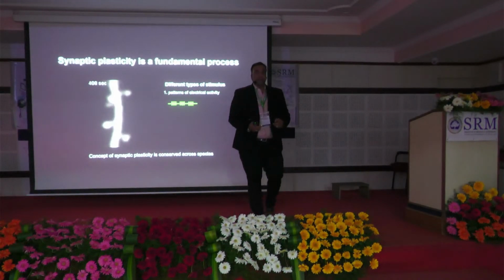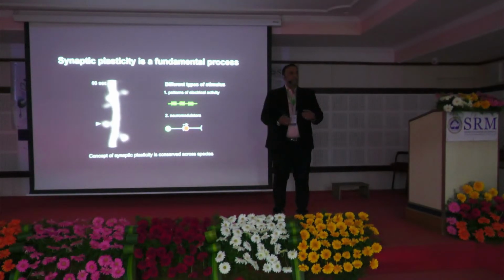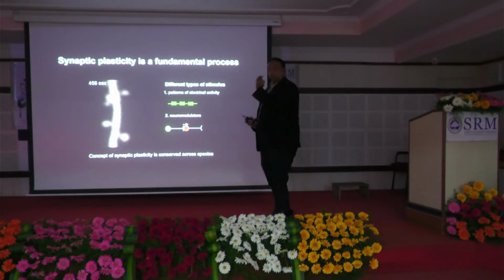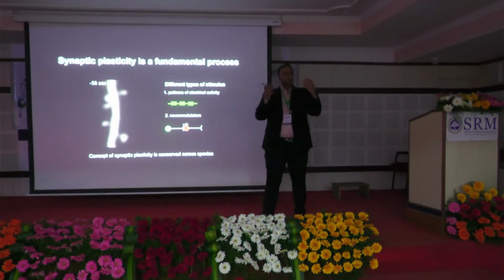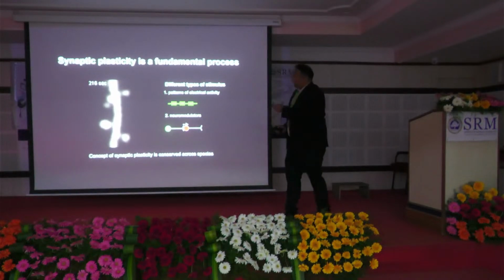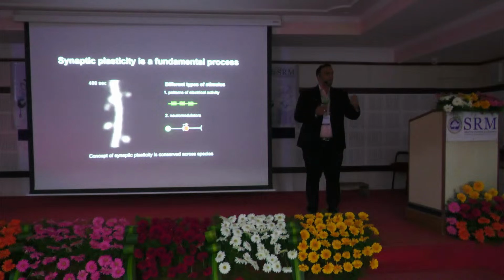Or there could be release of neuromodulators such as serotonin or dopamine. For example, you suddenly get a call from your crush on your birthday and you get an unanticipated reward, right? And that's when dopamine is released in your brain, and you'll not forget that easily. So you kind of remember some of those events. And so we have now identified different mechanisms of storing different types of information.